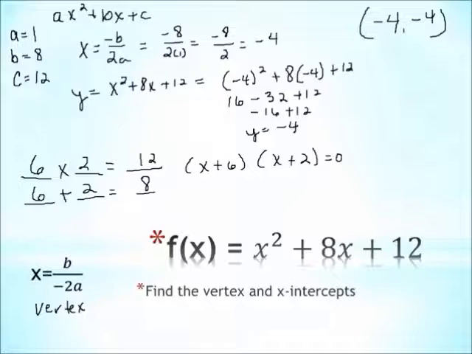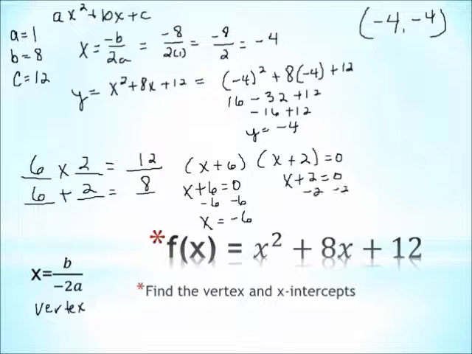But it says find our x-intercepts. So we need to take each one of these and set it equal to 0. Subtract 6, we get x equals negative 6. Again, take the other side, set it equal to 0, and we get x equals negative 2. So there's our intercepts and our vertex.